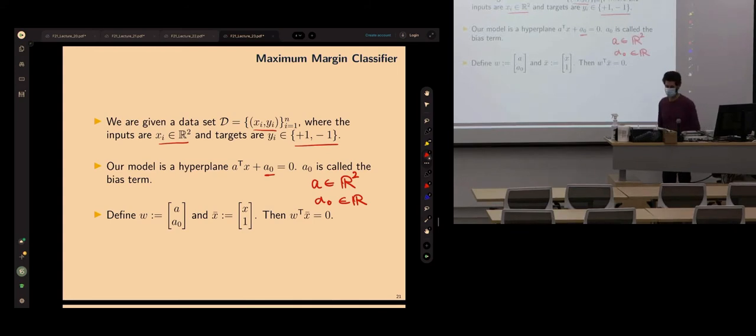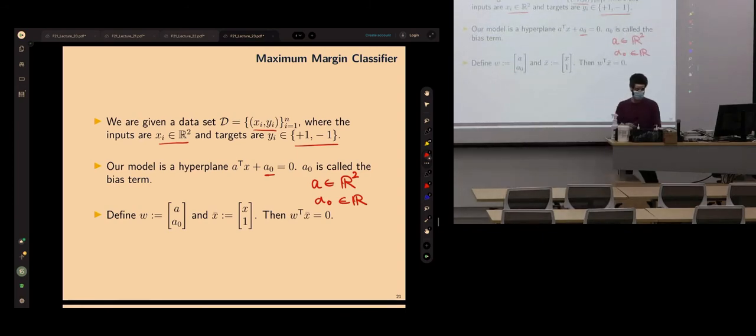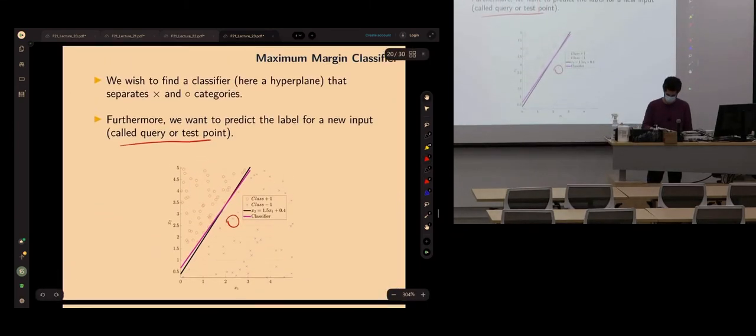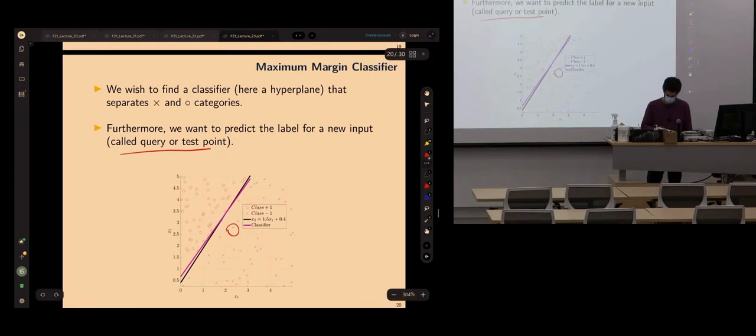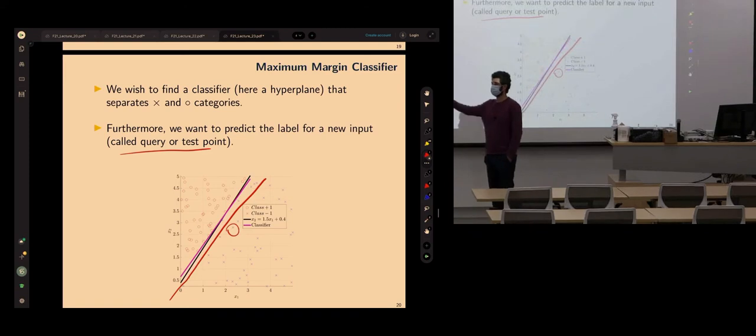Now, another insight is that if the bias is 0, this hyperplane goes through the origin. So if you pick the model that has a 0 bias, you're only limited to models that will go through the origin. And as you can see here, the line that goes through the origin will underperform, because the true solution is not going through the origin.